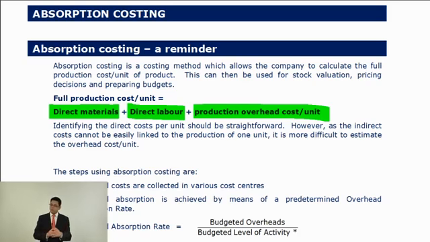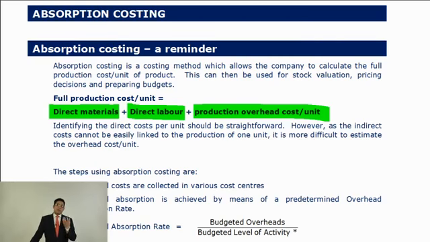Direct labor is also very straightforward to work out. All you need to know is the time, how long we took to produce this product, and the rate per hour we are paying to the workforce. So the time multiplied by the hourly rate gives the cost of direct labor. So in ACCA exams, it is very, very straightforward.